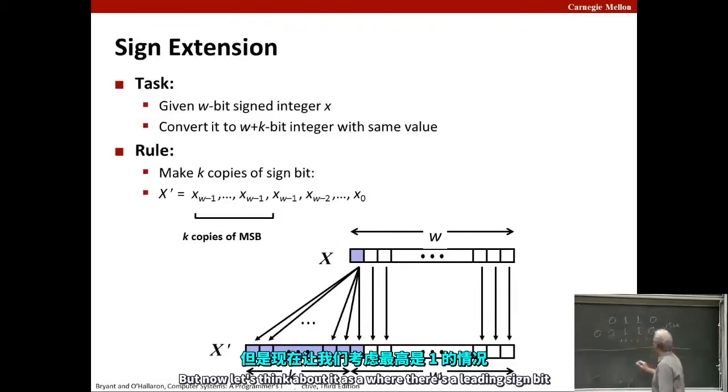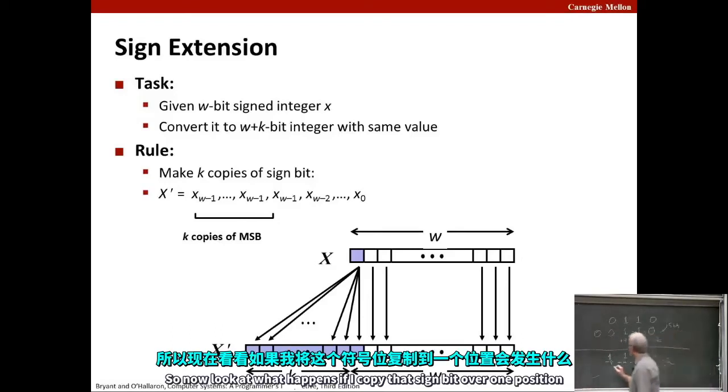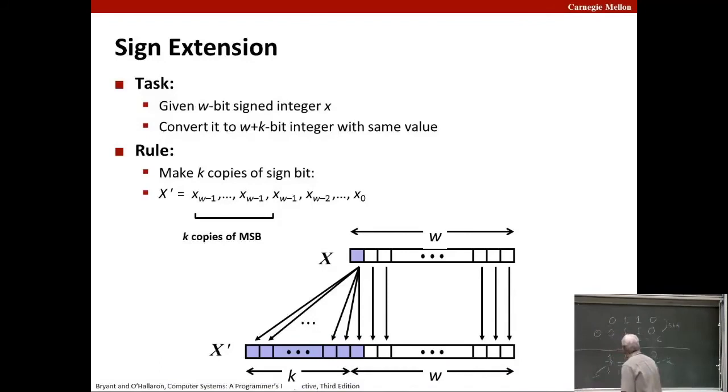But now let's think about it as where there's a leading sign bit. So this is minus 8 plus 4 plus 2 is equal to minus 2. So now look at what happens if I copy that sign bit over one position.